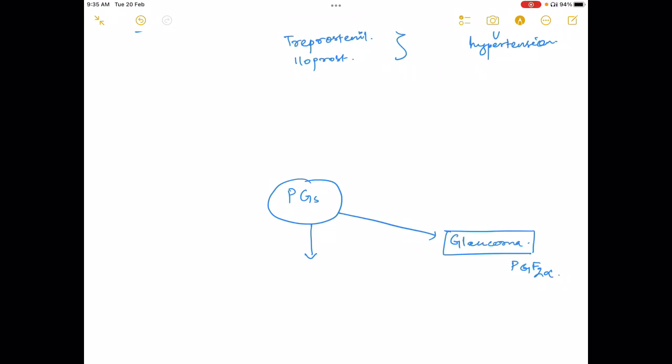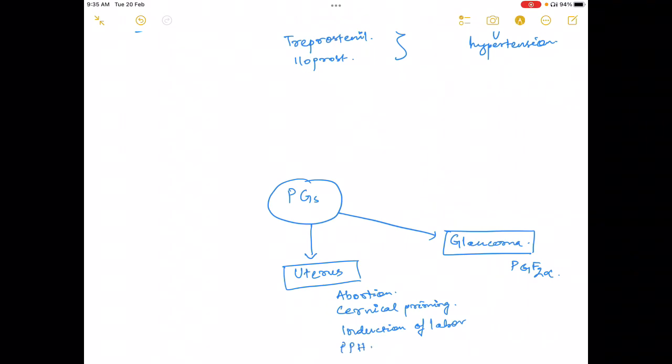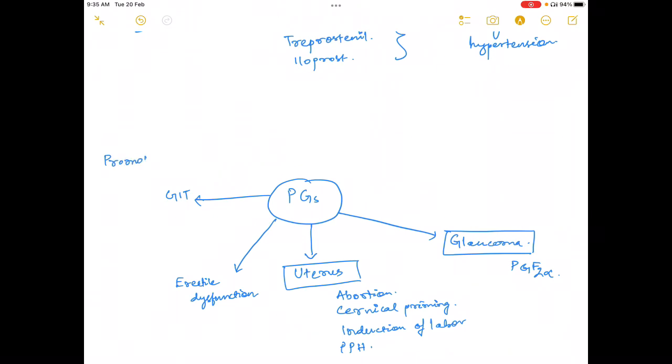Apart from that, in uterine conditions, it is used in abortion, cervical priming, induction of labor, in PPH. In erectile dysfunction, alprostadil is used. In the GIT, it is used to promote ulcer healing.